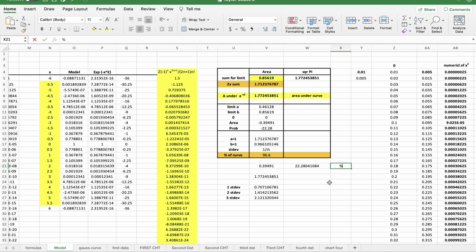So you can see how the model now works for you. 22.28%. And that couldn't be obtained if you tried to integrate between 0.5 and 1.5, e to the x between those two limits of integration. So the model really has a lot of utility.